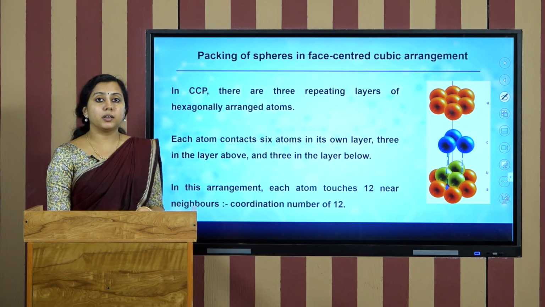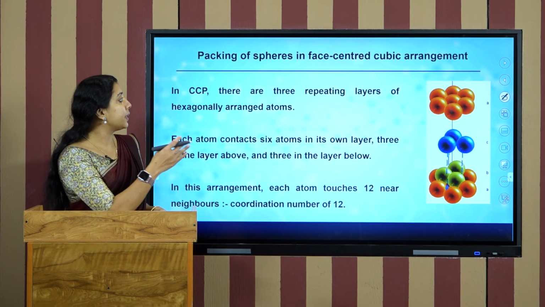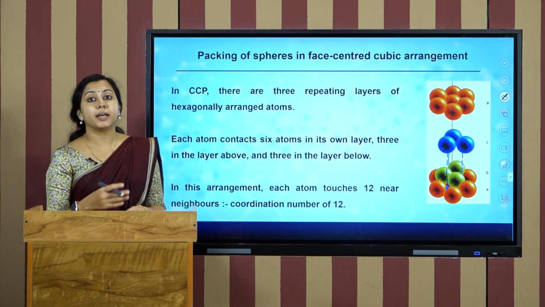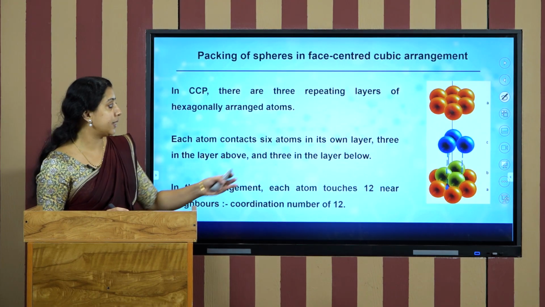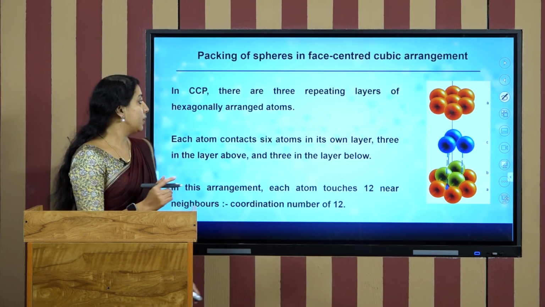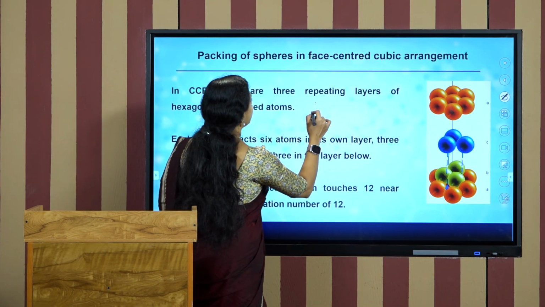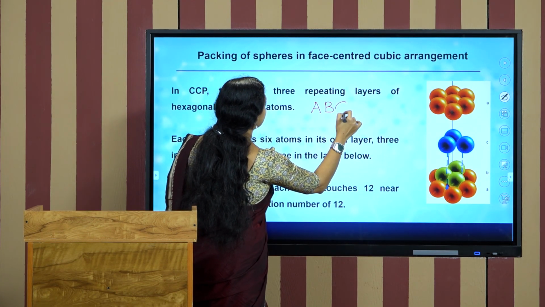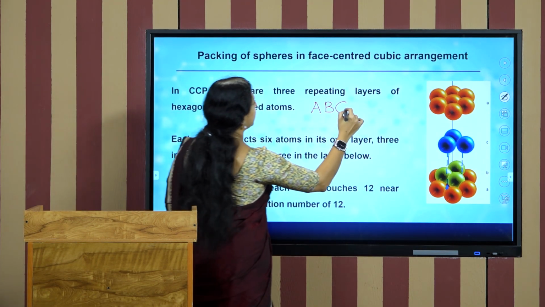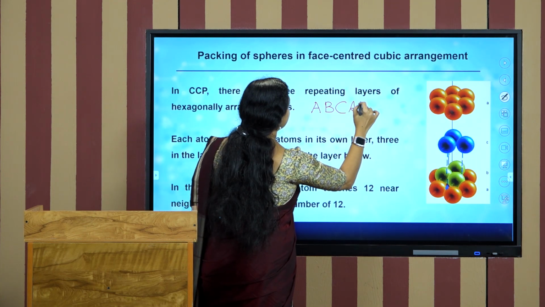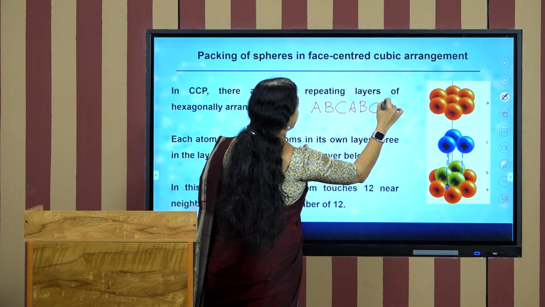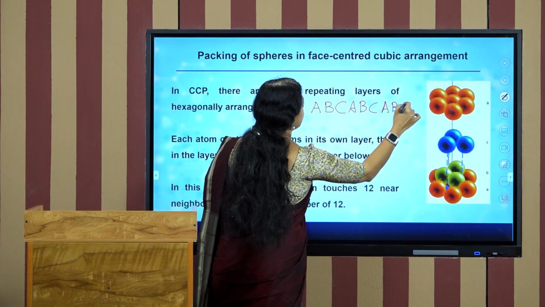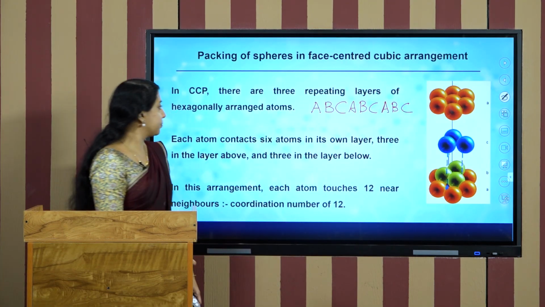So, in cubic close packing, there are 3 repeating layers of hexagonally arranged atoms, as you can see in the figure. One layer is denoted as A, the second layer as B, and the third layer as C. This pattern will get repeated, so we can call it ABC type stacking or pattern.